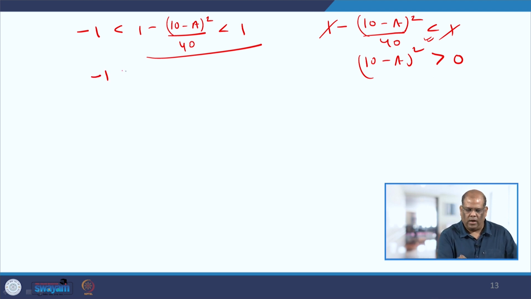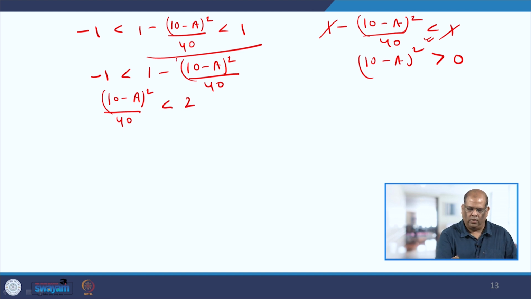If I take minus 1 less than 1 minus (10 minus A) whole square divided by 40, this will give me (10 minus A) whole square divided by 40 is less than 2. So this I bring to this side and this to this side.